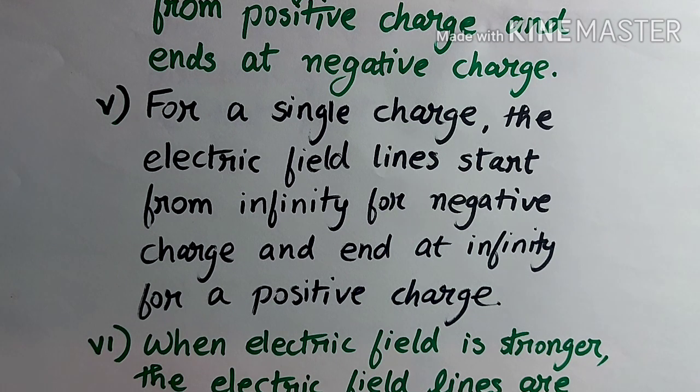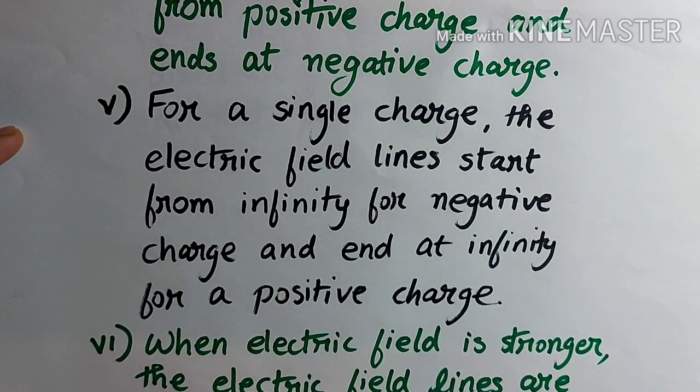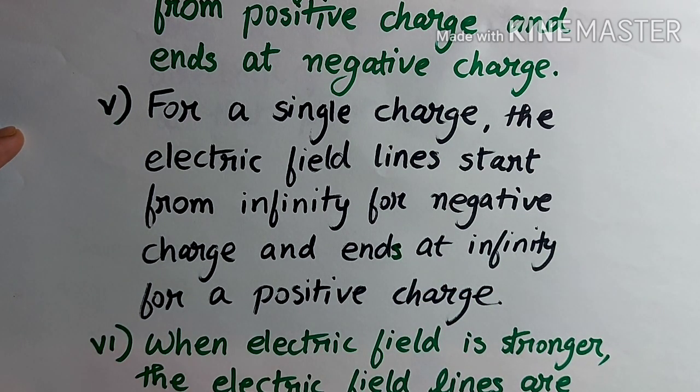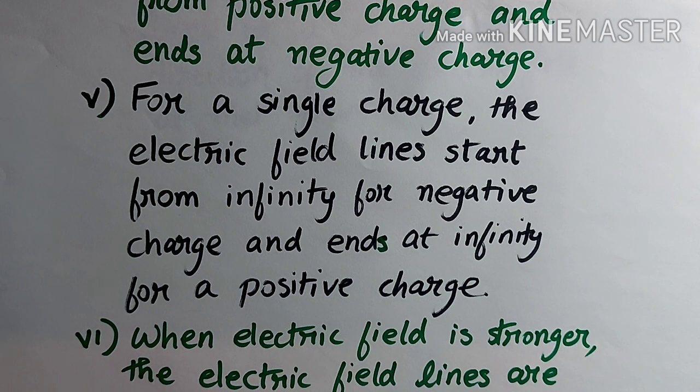Fifth property: for a single charge, the electric field lines start from infinity for a negative charge and end at infinity for a positive charge. What does it mean?